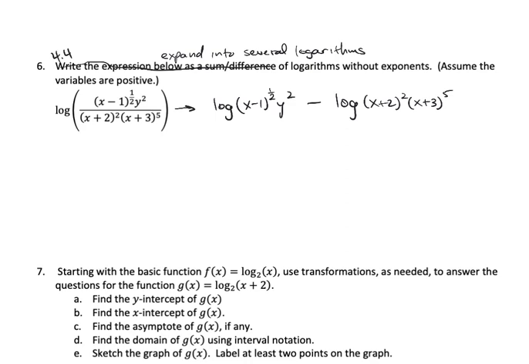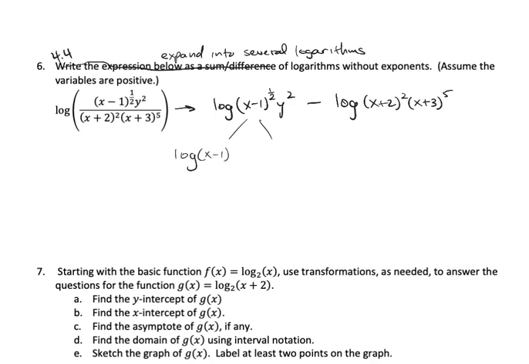Now we can apply the product rule because this first logarithm is x minus 1 to the 1/2 multiplied by y squared, so this is a product. So this logarithm expression can be separated into two more logarithms using addition.